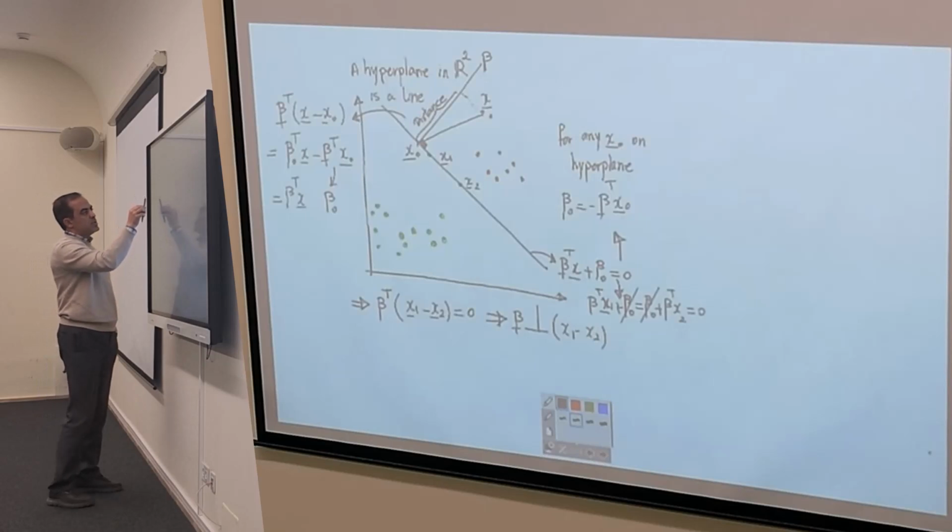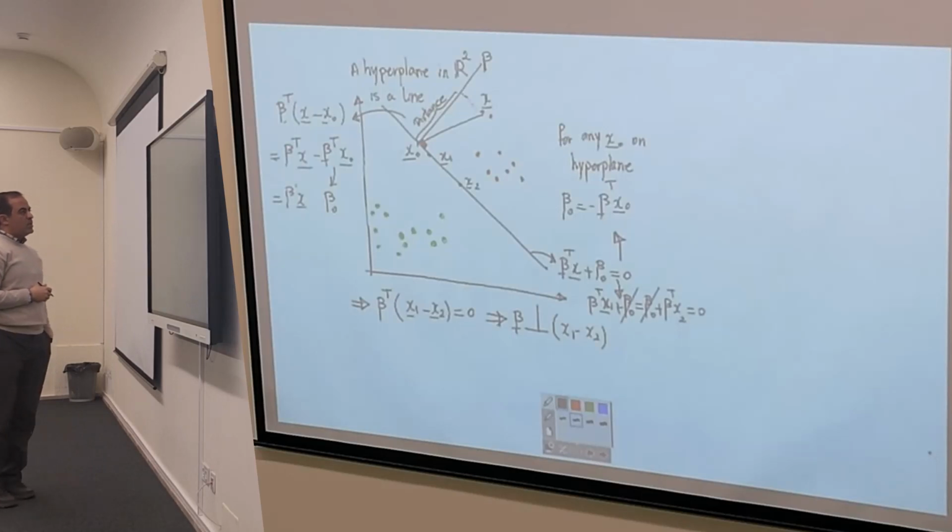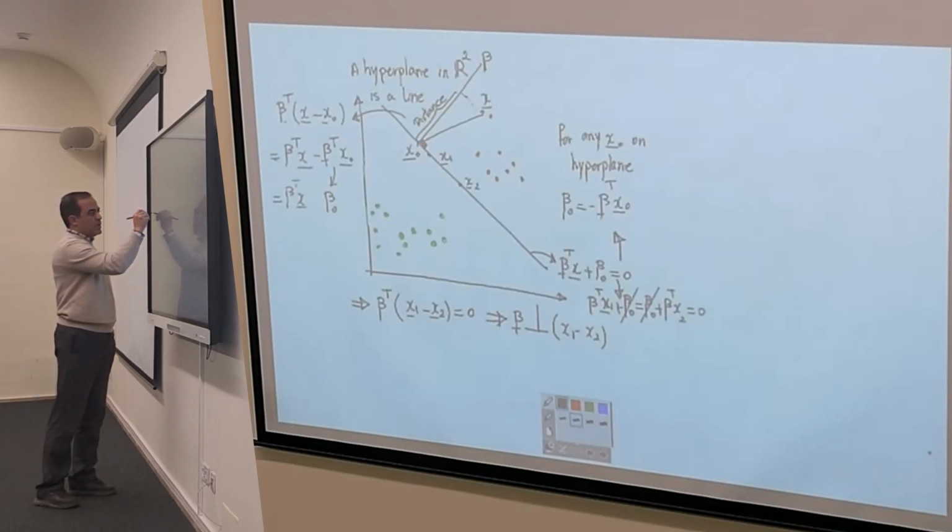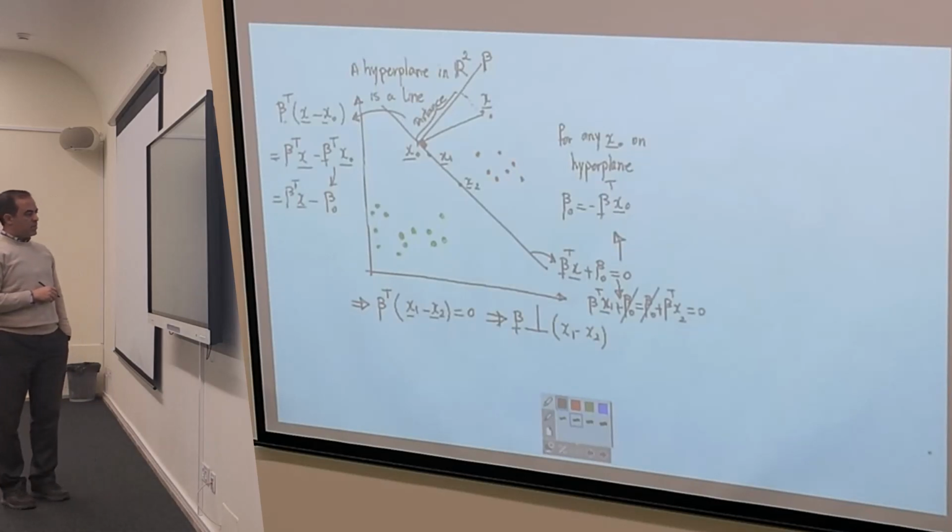Okay, so this 0 should not be here. Let me break it. And this transpose is here minus the beta null.